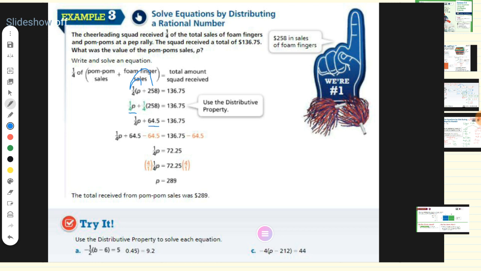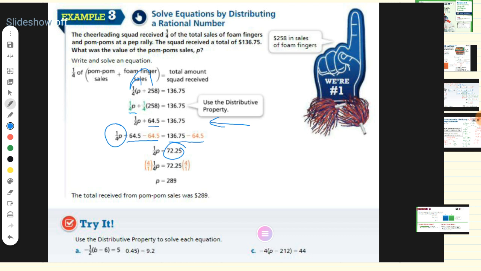The remaining here will be 64.5. We will use a two-step equation to solve it. First step is to remove the plus or minus numbers, so we subtract 64.5 from both sides. The remaining is 1 over 4 b equal, make the subtraction, 72.25.